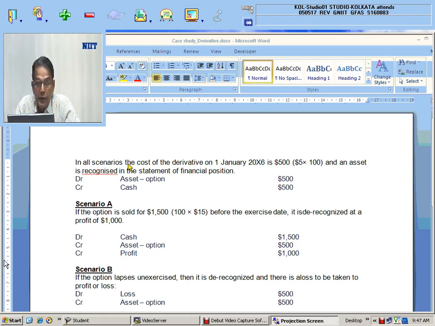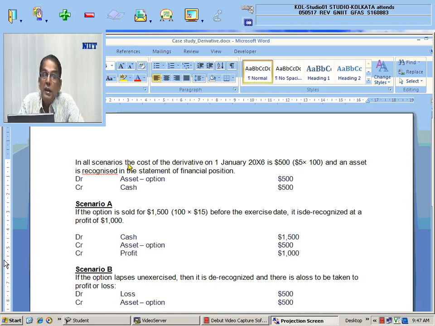Scenario B, if the option lapses unexercised. Because on 31st December, CDPLC shares were priced, market price was $8 per share. The option gives ABPLC a right to buy 100 shares of CDPLC at $10.